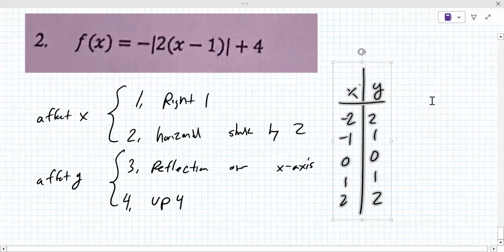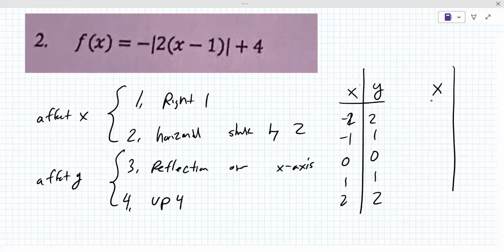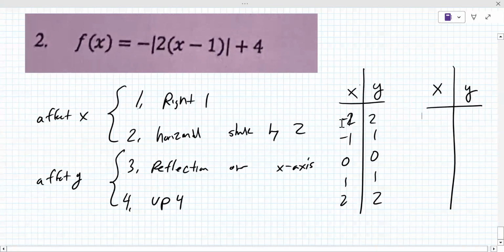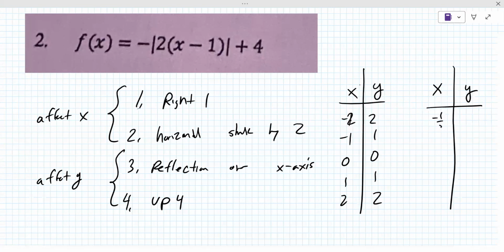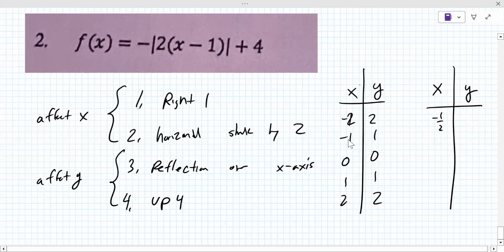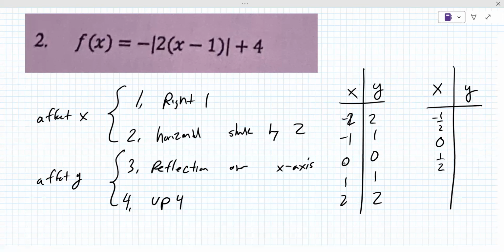I vaguely remember me trying to convince you of that, and it didn't go well. But now maybe you could see that you're going right 1, but then you are dividing them by 2. So this minus 1 goes right 1, so that's 0 divided by 2 is 0. 0 right 1 is 1 divided by 2, 1/2, and so on.